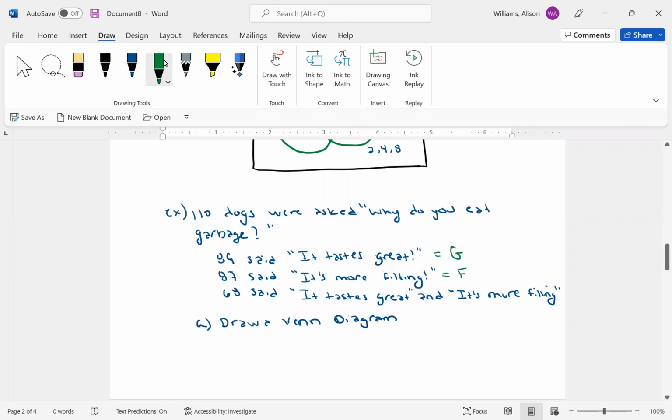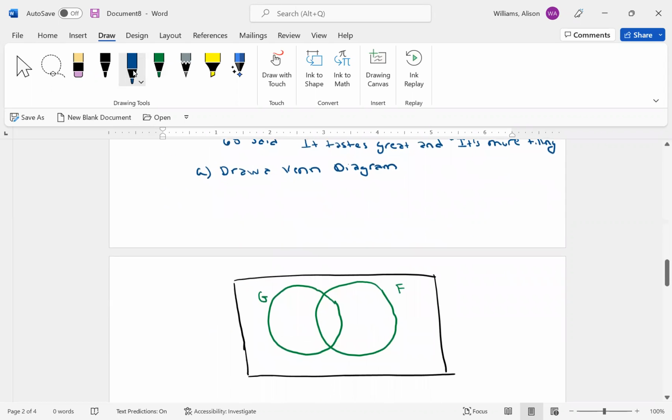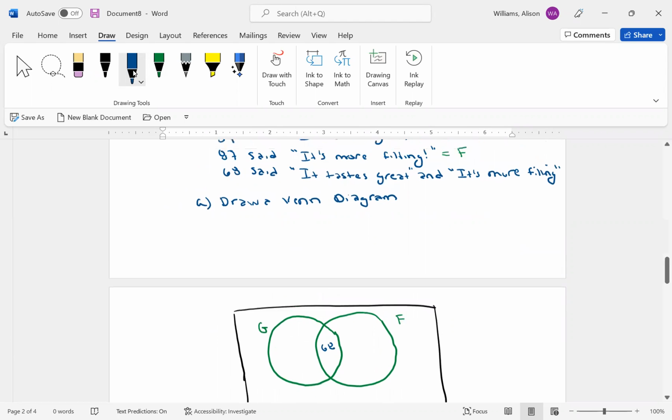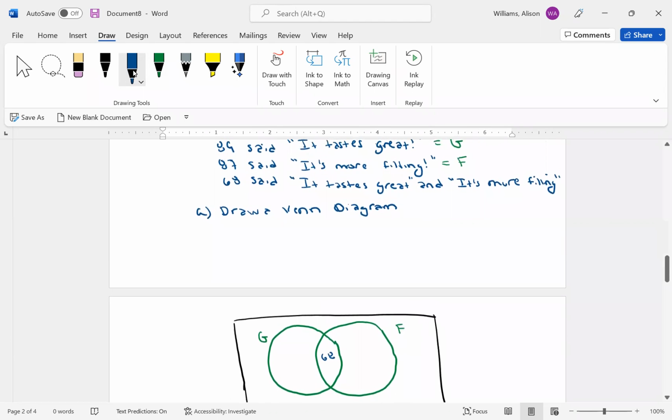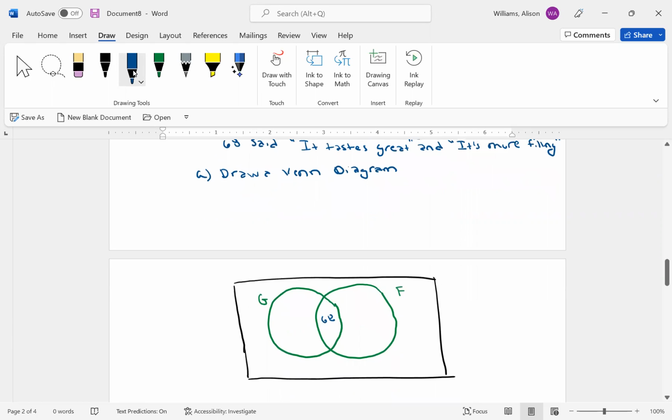Okay, in fact, 68 dogs who thought that. So I'm going to put the number 68 right here. So there were 68 dogs who thought it was both of these responses. Okay, but then we're told that 89 dogs said it tastes great. Now, that 89 includes the 68 that said it was both. So I need to actually subtract 68 from 89.